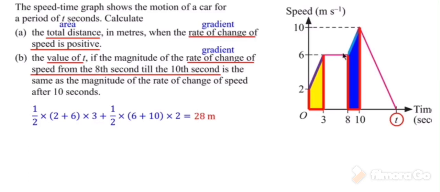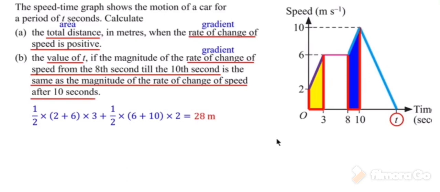The question is saying that from 8 till 10 seconds is the same as the magnitude of the rate of change after 10 seconds. That means the line in light blue is the gradient after 10 seconds, and this gradient is actually negative. We can call it deceleration.